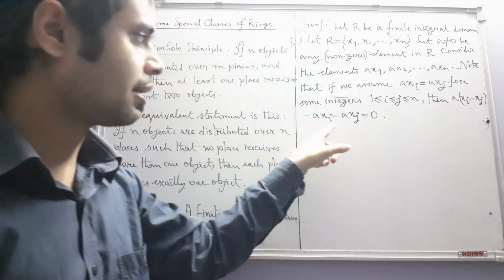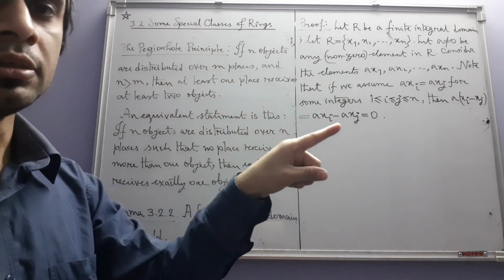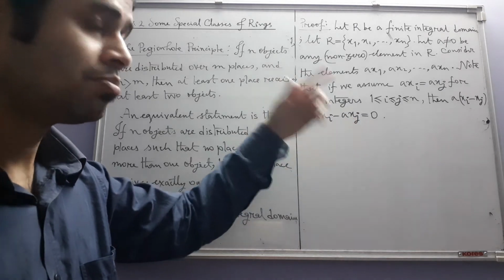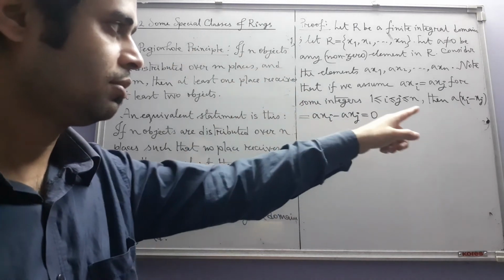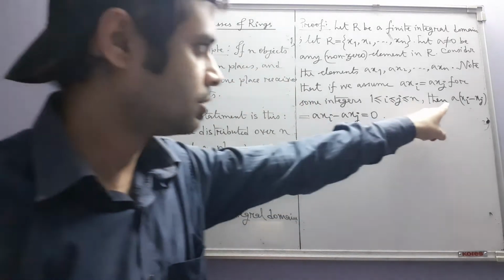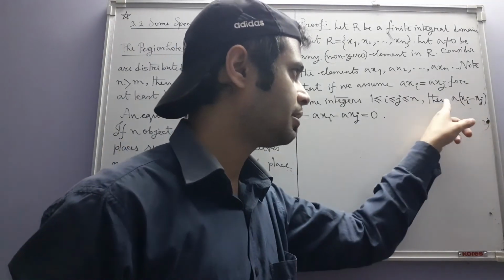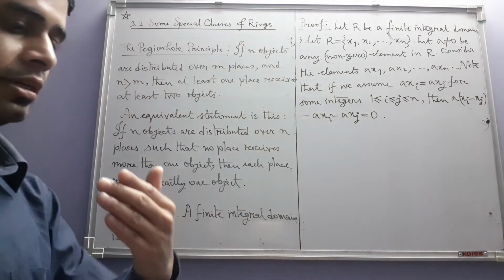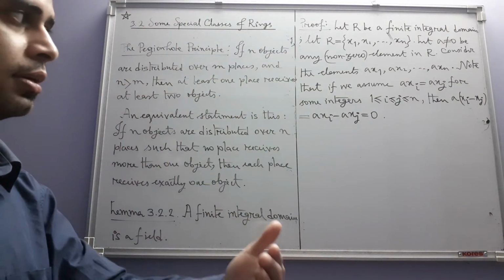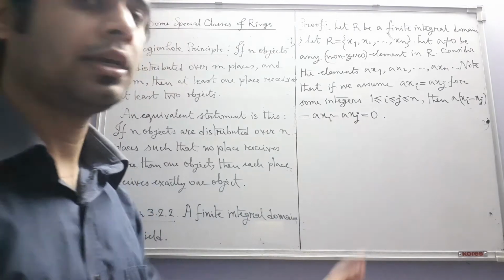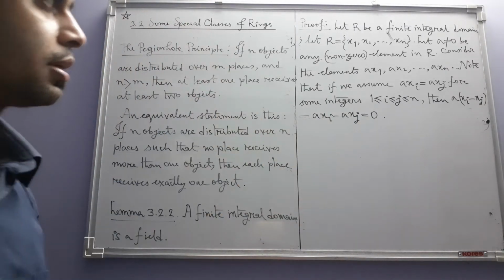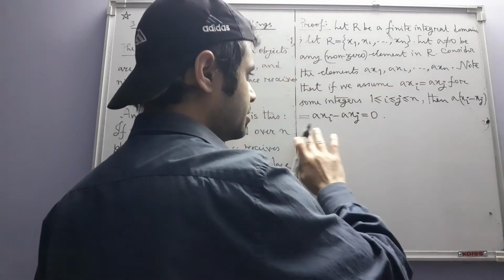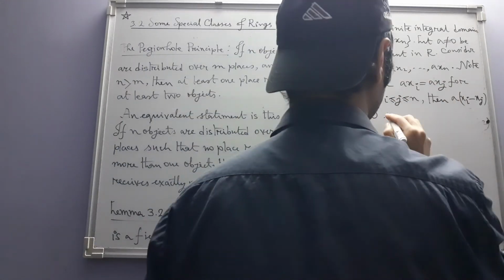Note that in this calculation, I have not only used the distributive law that I have in the ring R, but the previous lemma also, because I have a negative sign involved. So when I multiply minus xj by a, I actually have a times minus xj, which is nothing but minus axj. That comes from the previous lemma. So if I assume this, then I have this.